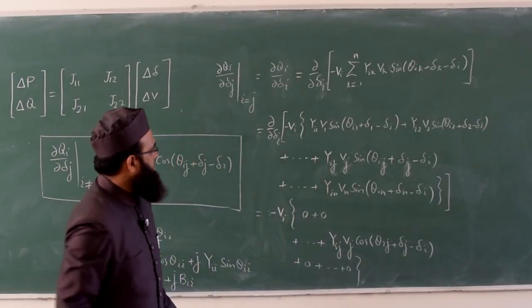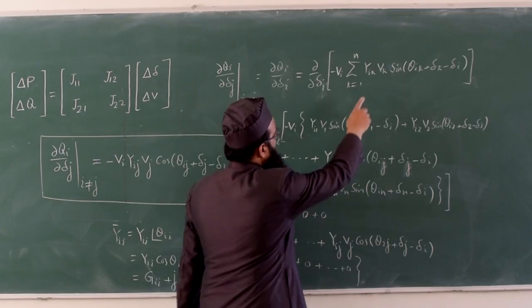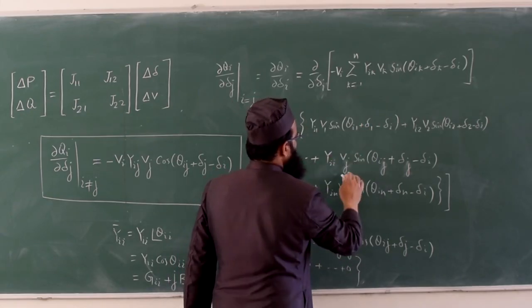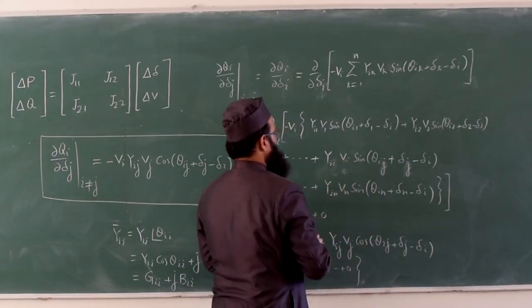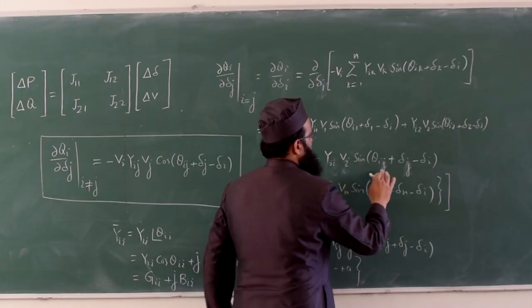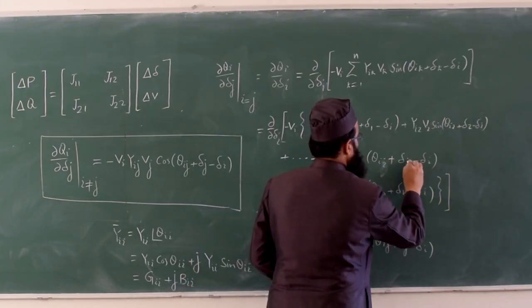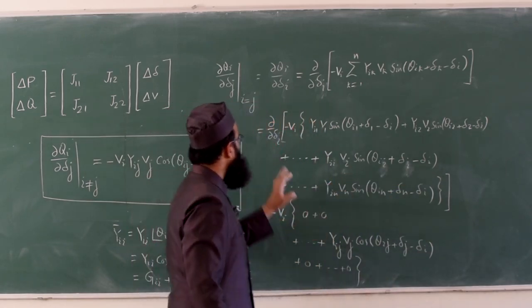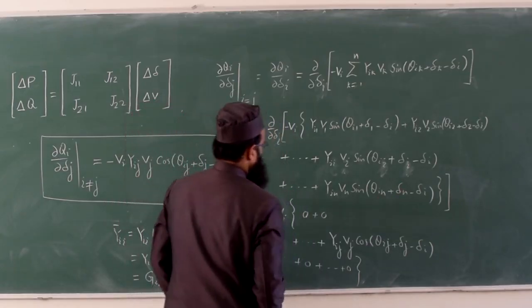So, right here ith term will be corresponding to k is equal to I, this will give Yii Vi sine of theta ii plus delta I minus delta I. It means ith term will be independent of delta I, other terms will depend on it.